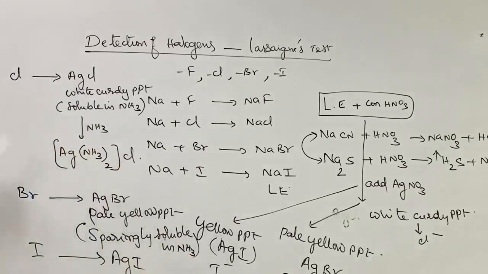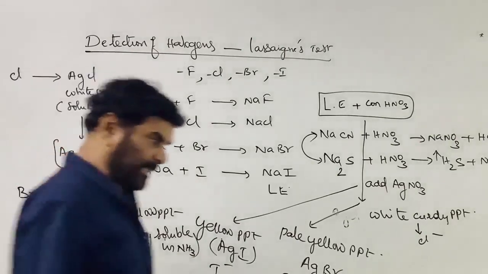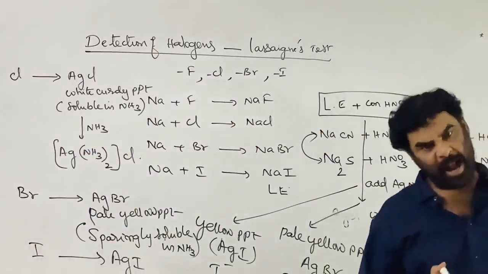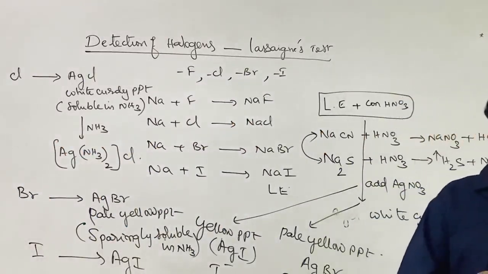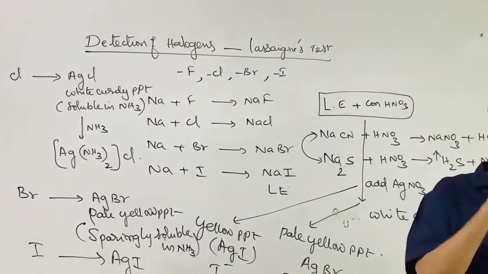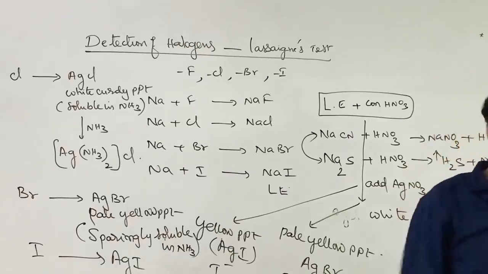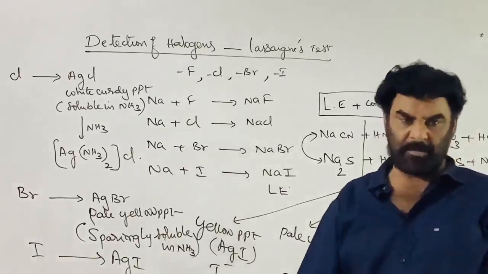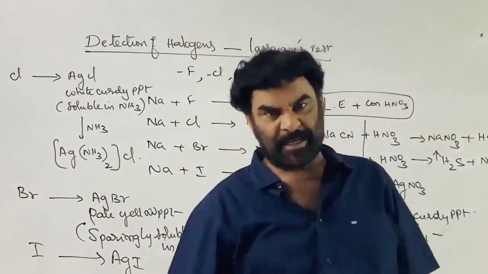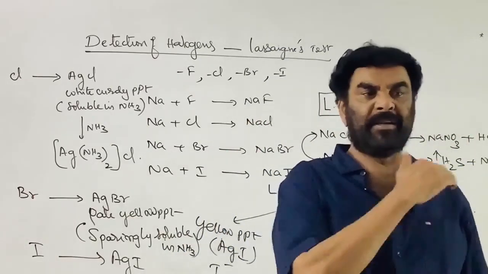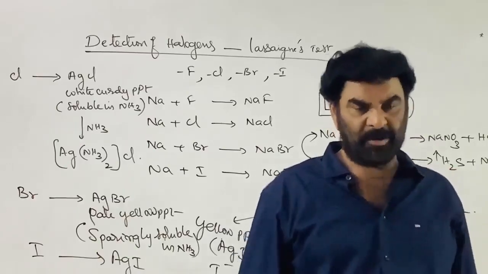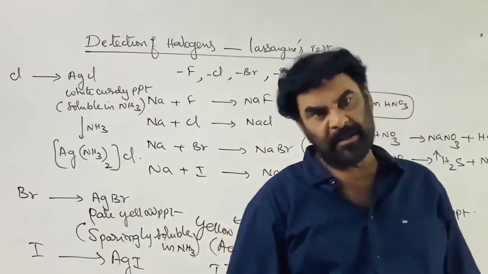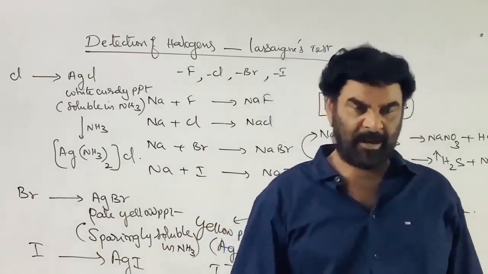To the Lassaigne's extract, add a few drops of HNO3 and then add silver nitrate solution. A white curdy precipitate, which is soluble in ammonia, indicates the presence of chlorine in the original organic compound. The white curdy precipitate is silver chloride. If it contains bromine, the Lassaigne's test with silver nitrate gives a pale yellow precipitate.